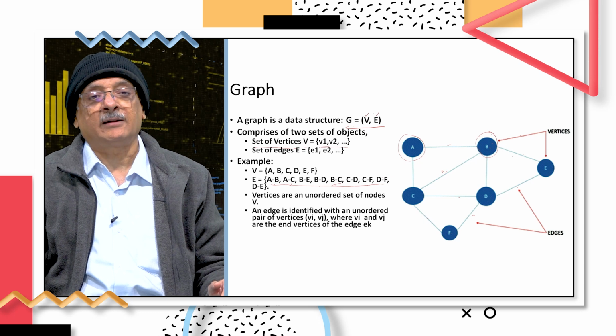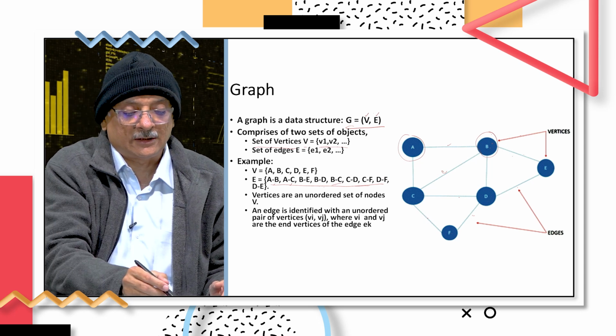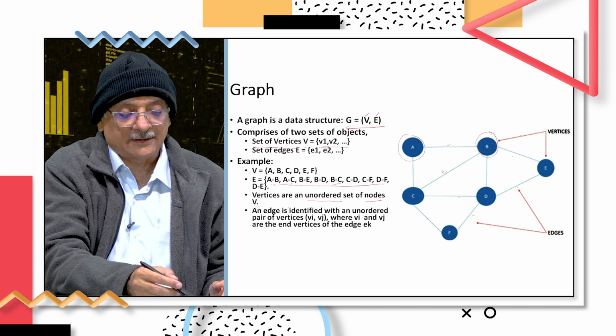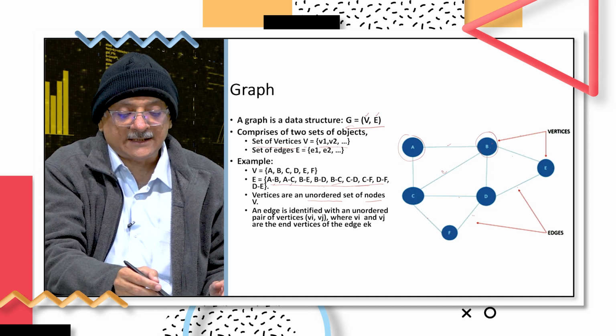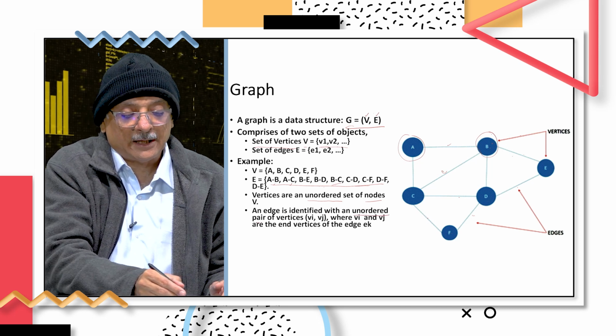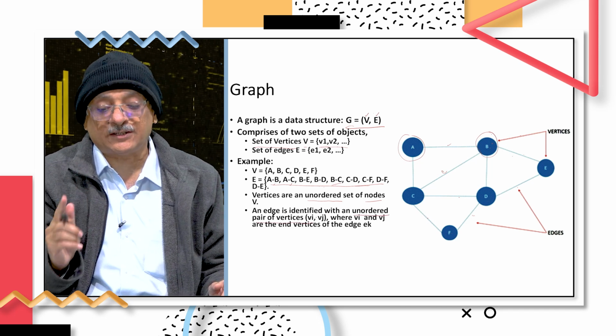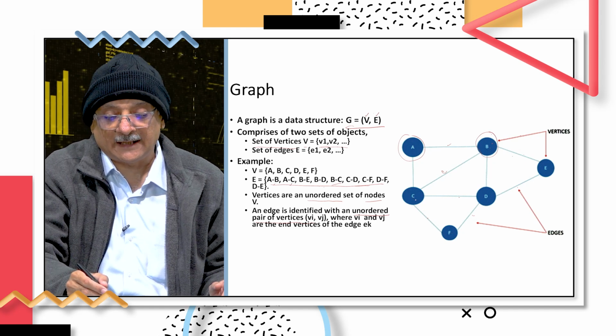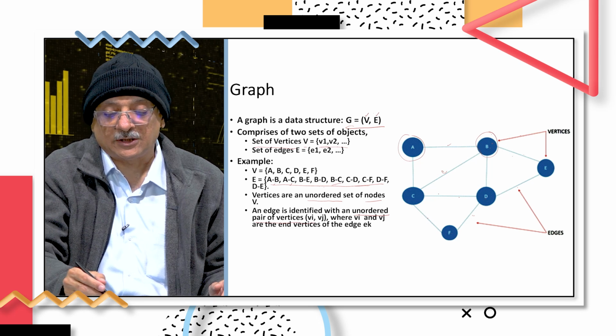Vertices are basically an unordered set of nodes, so their ordering does not matter, and an edge is identified with an unordered pair of vertices. So an edge is basically an unordered set of vertices like C, D. Since there is no particular direction for this edge, it is the same as DC.